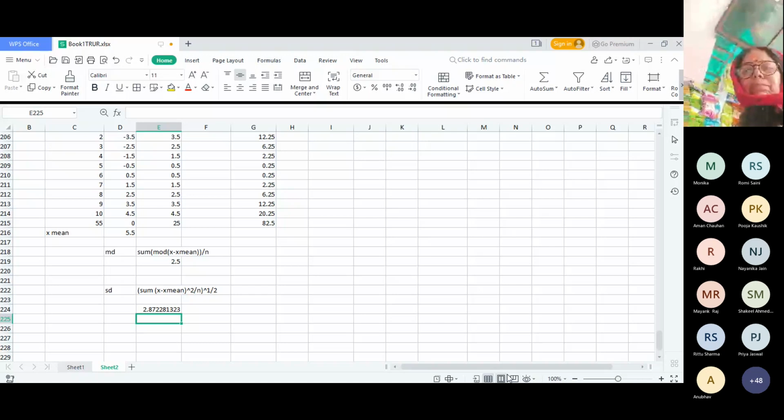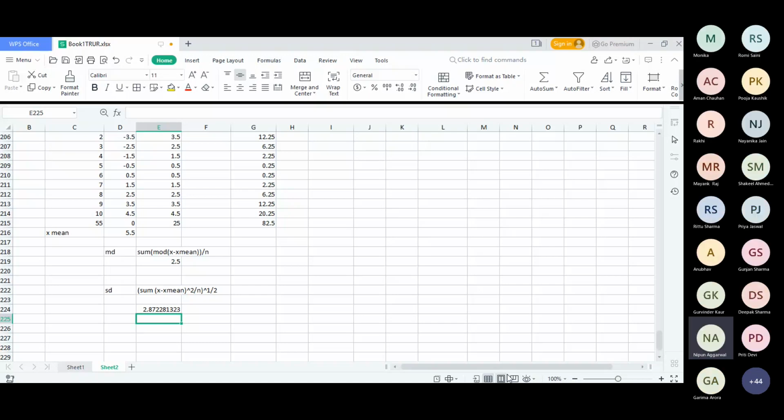So the formula becomes summation of (x minus x bar) whole squared divided by n, all under root. That will be the formula for calculating the standard deviation.